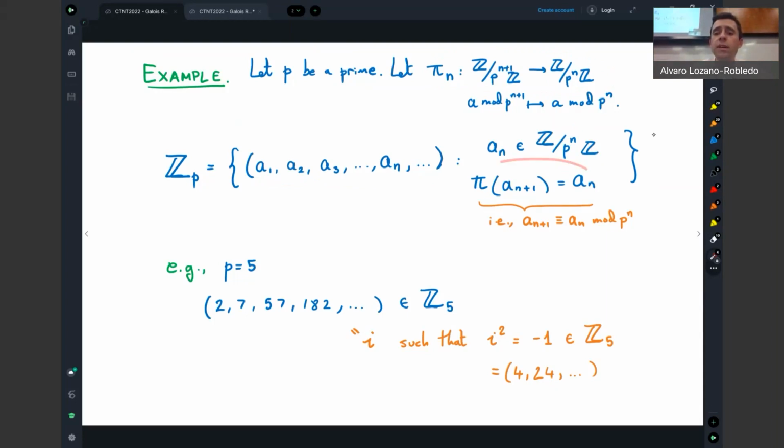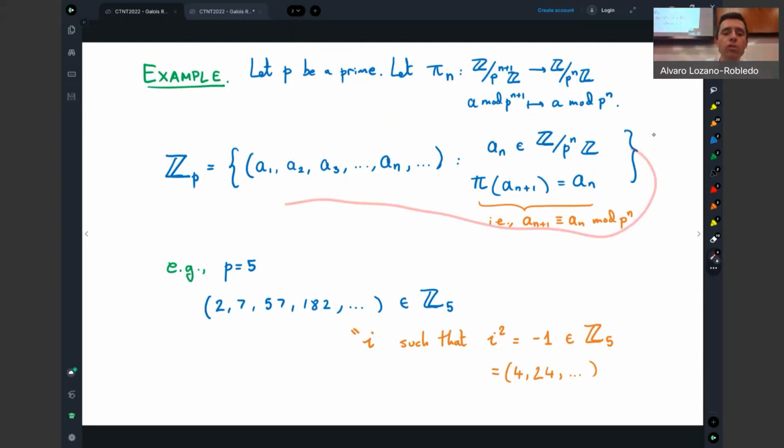Coherent means that a_3, which is modulo p cubed, has to reduce to a_2 when you reduce modulo p squared, and a_2 better reduce to a_1 when you reduce modulo p. That's what we mean by a coherent sequence of elements in this tower of groups. And when you look at all such sequences, that is the ring of p-adic integers.